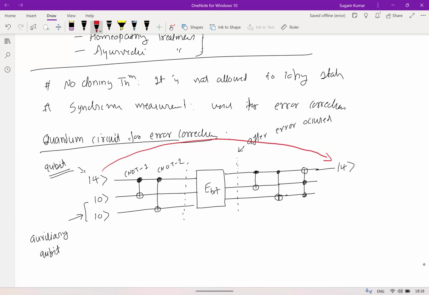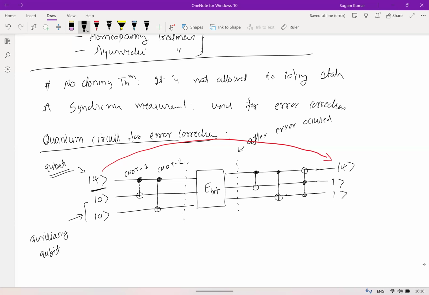Even if this error occurs for the psi, with this process, you're going to recreate that state again. And of course, these states will change.